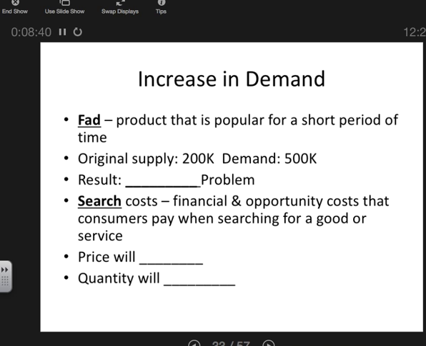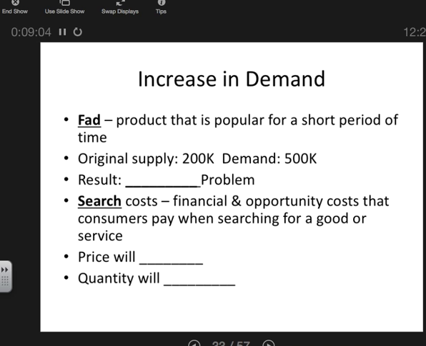So let's put it up here. Show on the same page. So what did I say? Increase in demand. So price. Hold on a second. I want to check my notes.